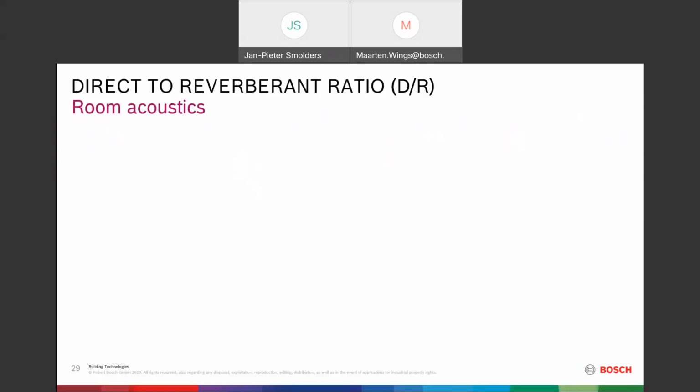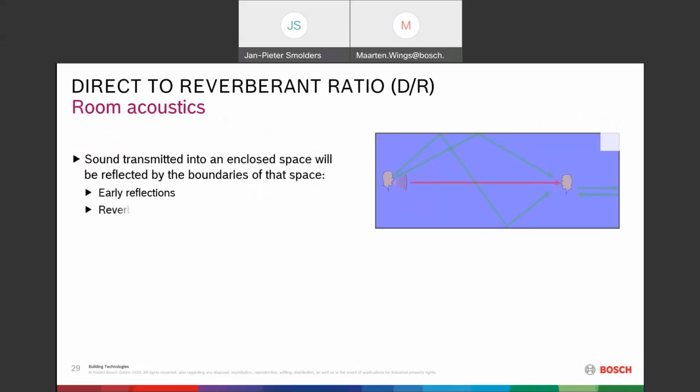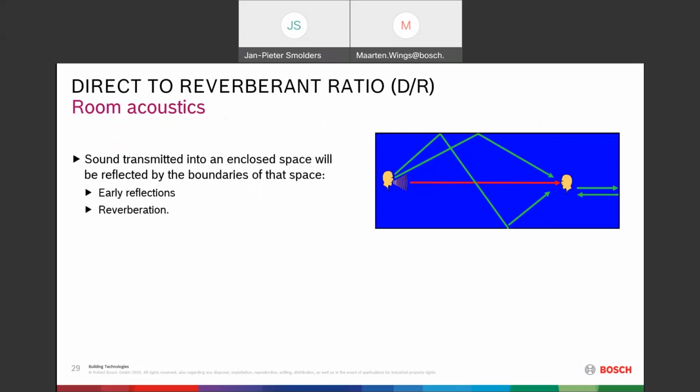Direct to reverberant ratio. Okay, we'll talk a little bit about room acoustics. It's actually common sense if you look at the propagation of sound through the air in a room. You can see here on the right side, somebody is talking.